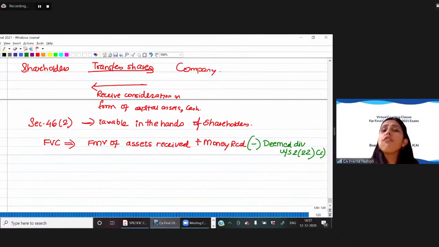To the extent of accumulated profits, it will be taxed under income from other sources. Over and above that will be taxable under capital gain. Is it clear? What will be the cost of acquisition? Cost of acquisition will be the cost of purchase of shares.